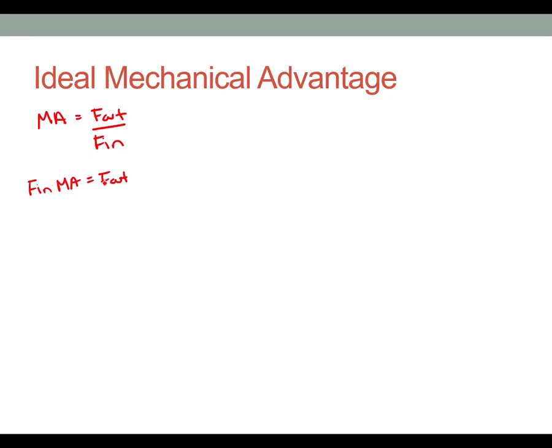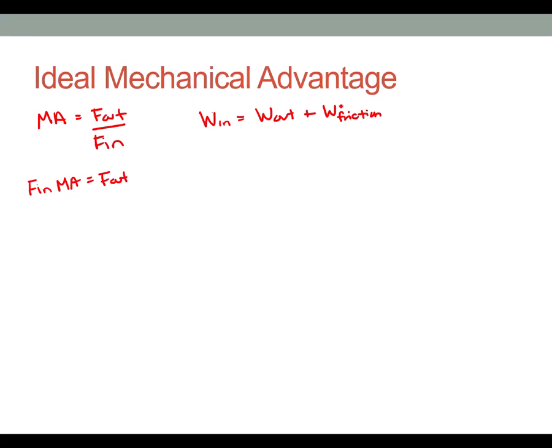Okay? If we think about our system, really what we're thinking about is conservation of energy. So the work you put in equals the work out plus whatever is lost for other things like friction.